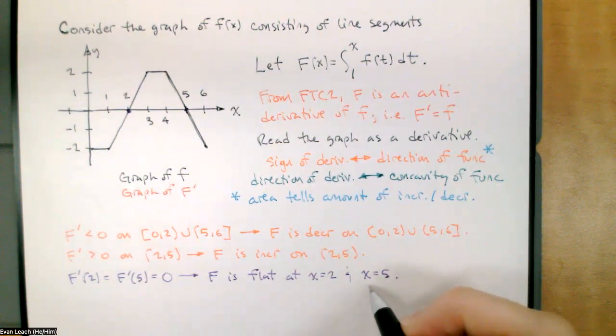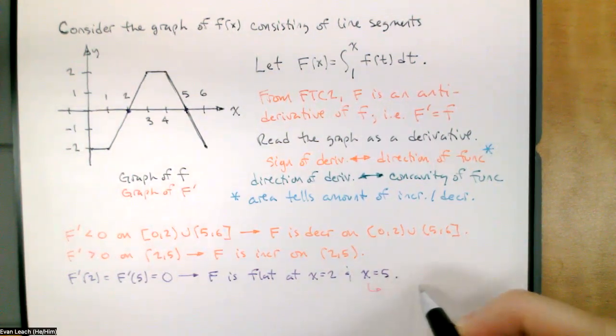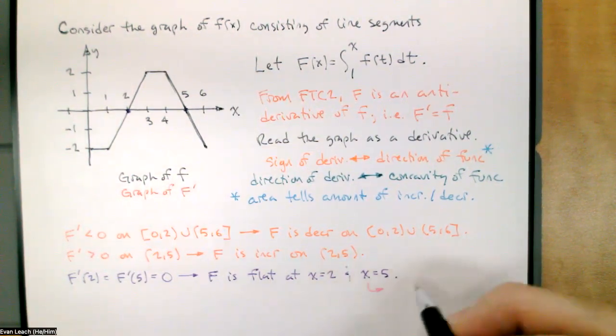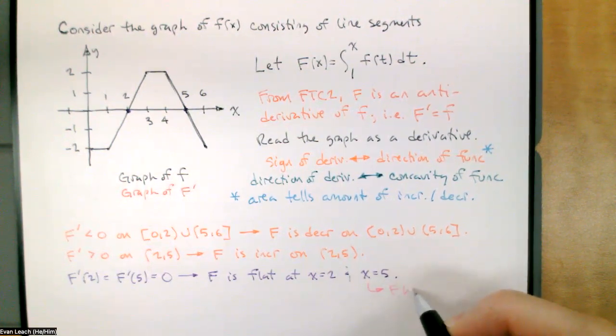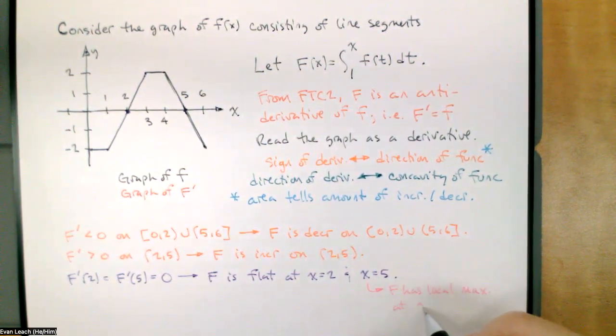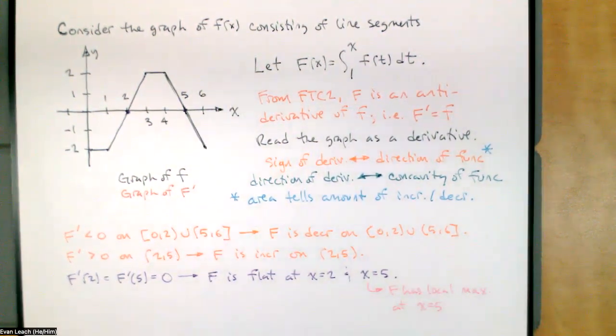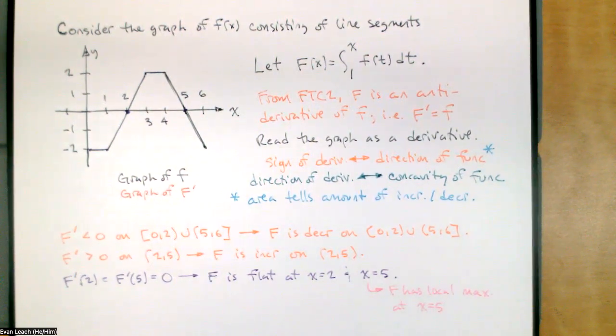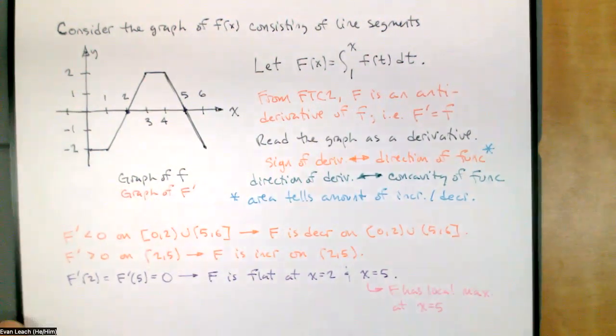we can refine this a little further and say capital F has a local max at x equals 5, because we've changed from increasing to decreasing.